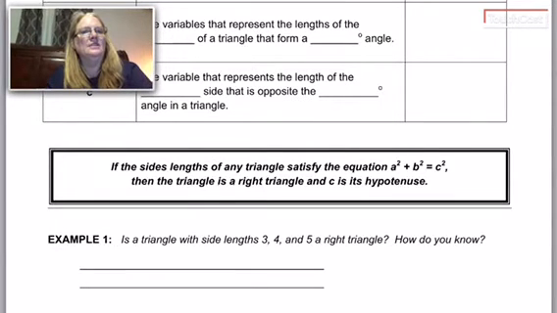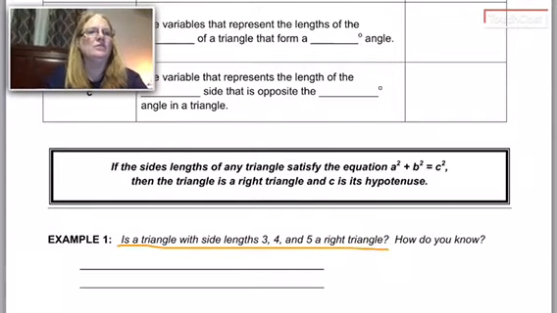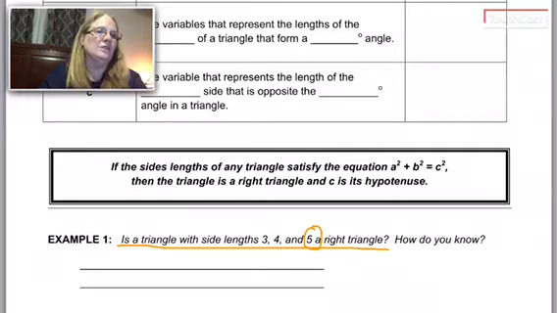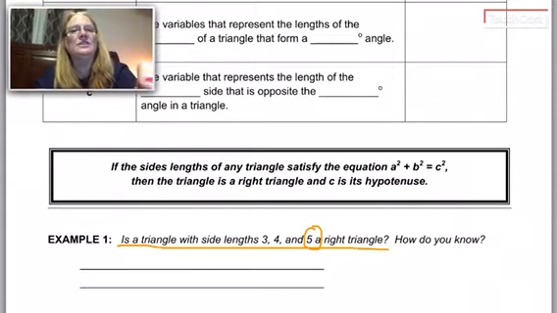So example 1 says, is a triangle with the side lengths 3, 4, and 5 a right triangle, and how do you know? So we know that this would have to be c because it's the longest side, and you just see if it satisfies the equation 3 squared plus 4 squared equals 5 squared.